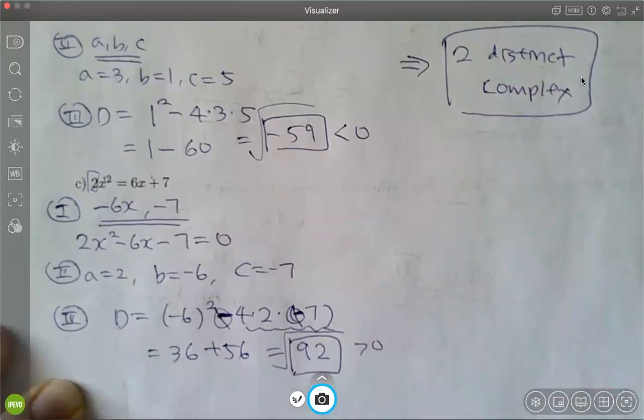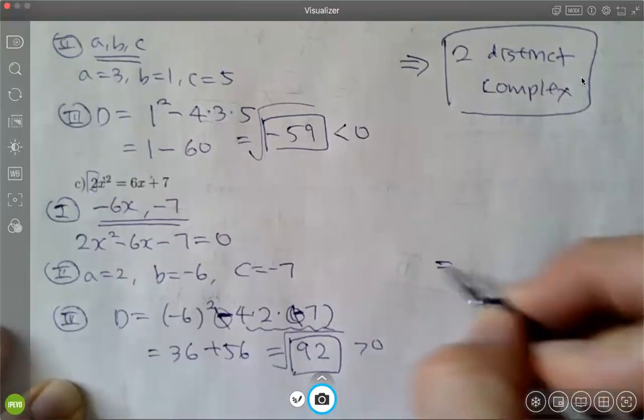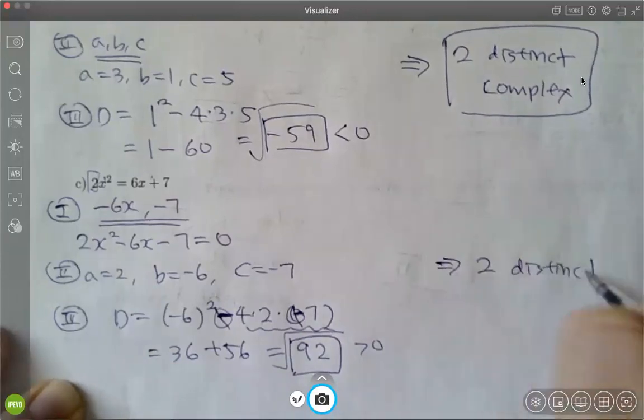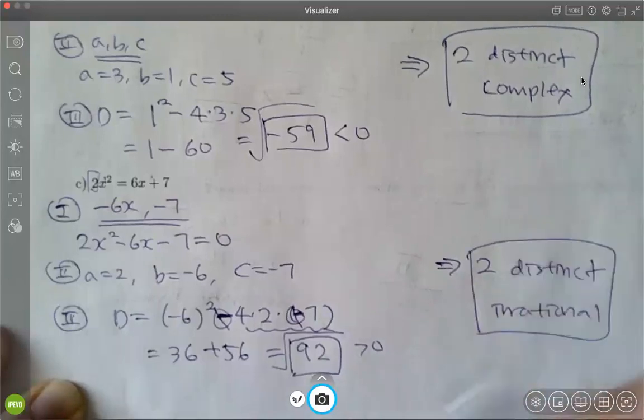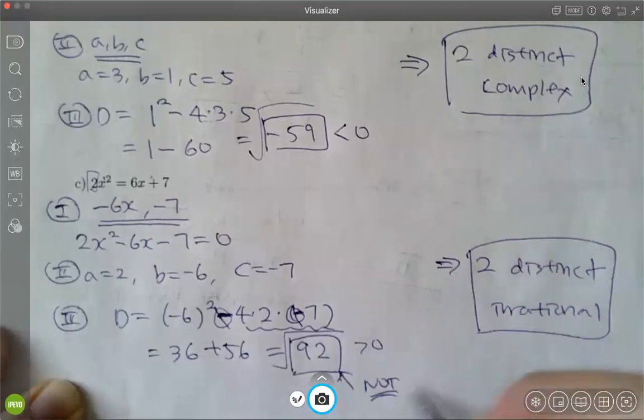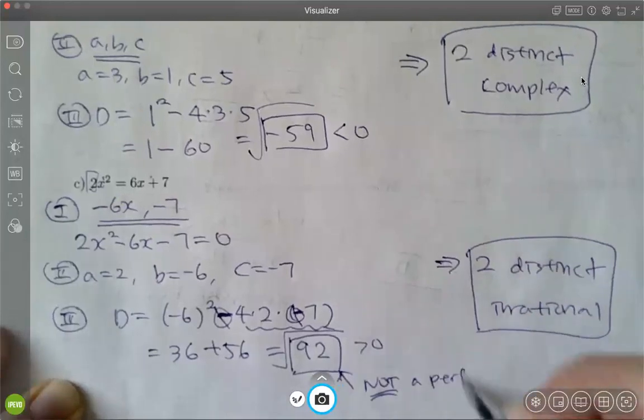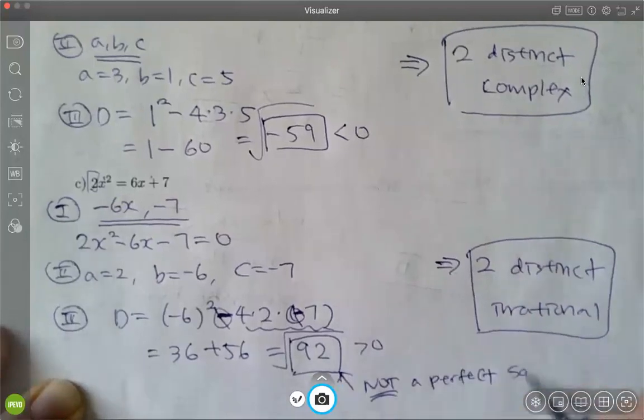Okay. So we have two distinct irrational solutions. And again, the reason is that's not a perfect square. However, if this were like 100, then we'll have two distinct rational solutions, okay? Because 100 is a perfect square.